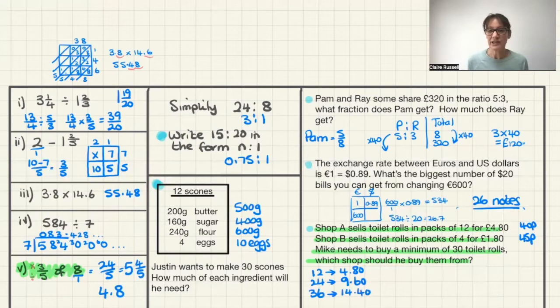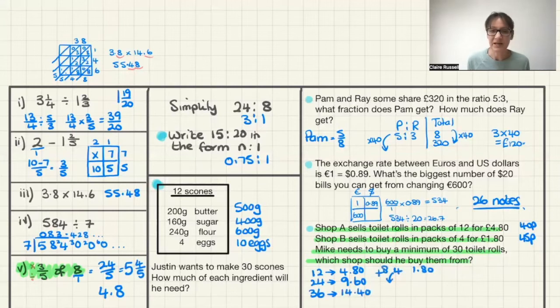Okay. Alternatively, I could think about my times tables and multiply up to the first one that takes me over 30, which I'll show you in shop B. So shop B are coming in packs of 4. I'm going to need 8 packs to get me over 30. So I could do 4 packs are costing me £1.80. I'm going to times by 8.